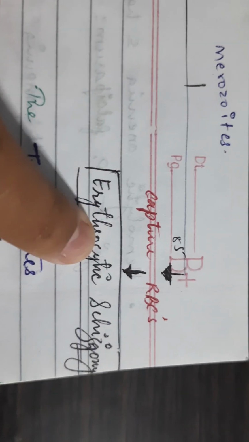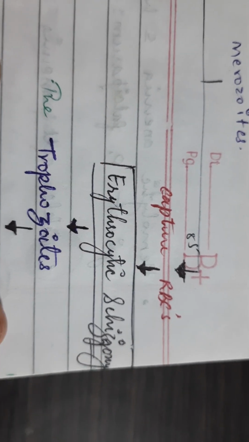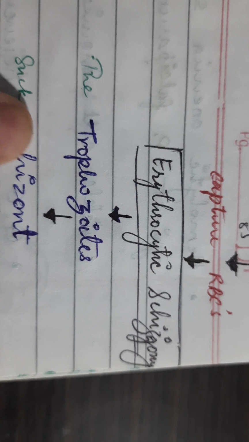The merozoites captured by RBCs undergo erythrocytic schizogony. They form trophozoites, then schizont, then merozoites again, and then gametocytes.